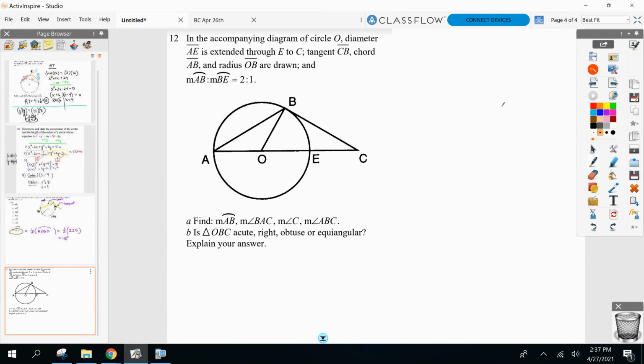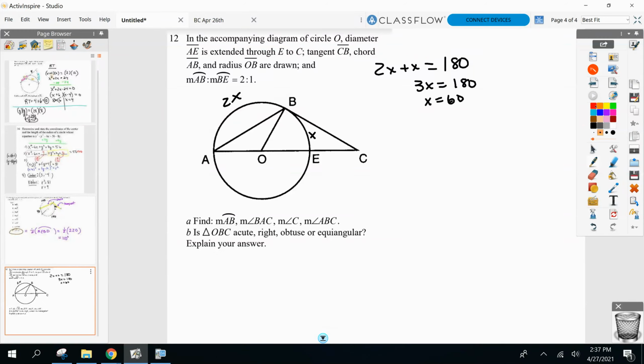This one right away says arc AB and arc BE are in a ratio of 2 to 1. So I've got 2x and x right here. What can I do with those two in particular? I can add them up. It tells me that AOE is a diameter AE, so I can set them equal to 180, a semicircle. 3x equals 180, x equals 60.